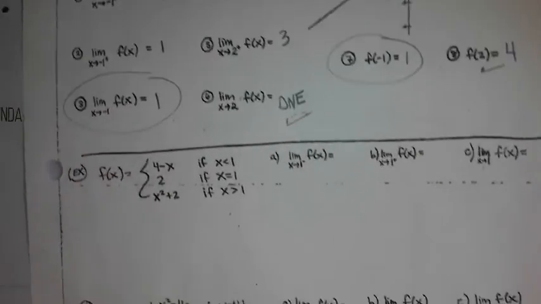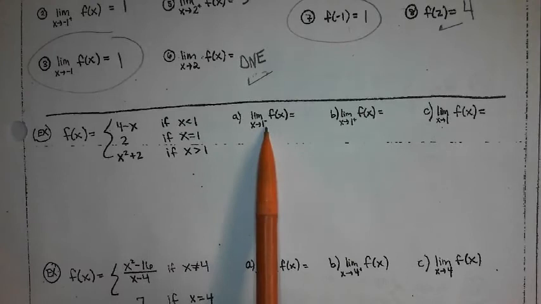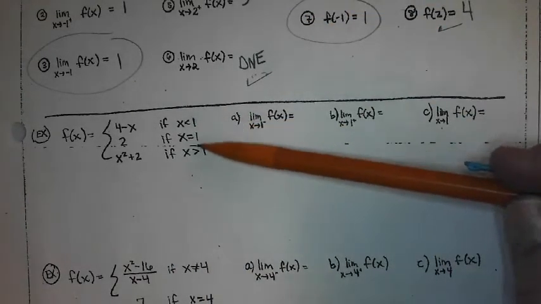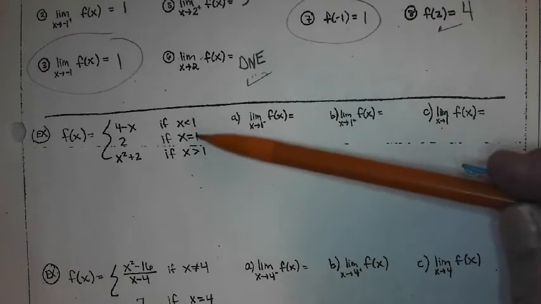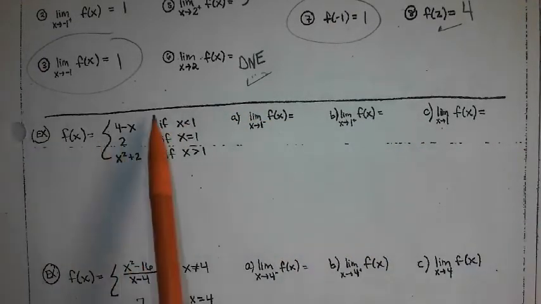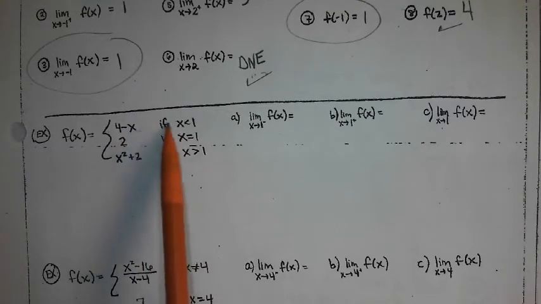So without having a picture in front of us, the limit as we approach 1 from the left. Connor, which equation are we going to use if we're approaching 1 from the left? 1 minus x. Correct. 1 from the left is like 0, negative numbers, and so on.